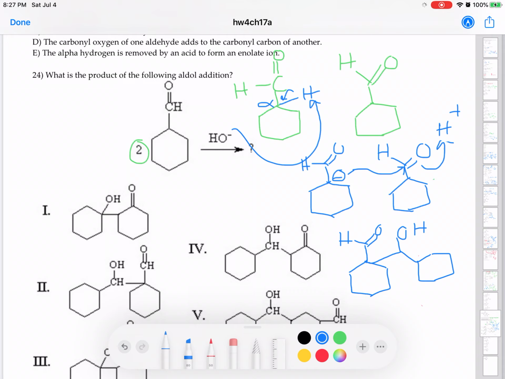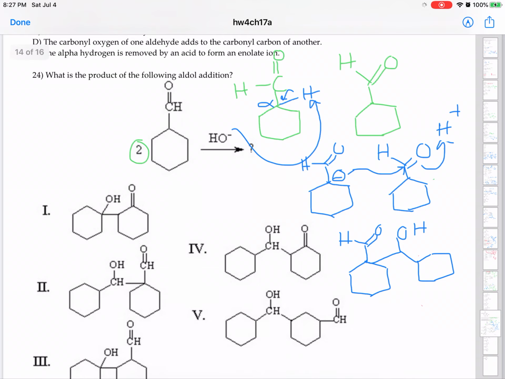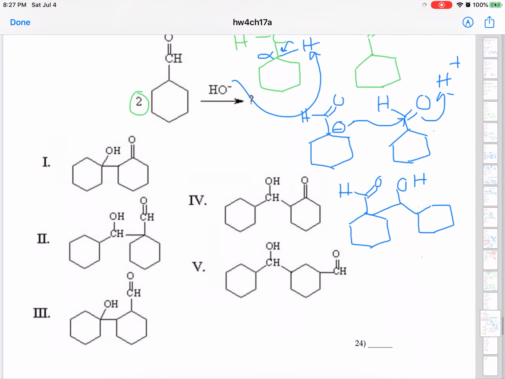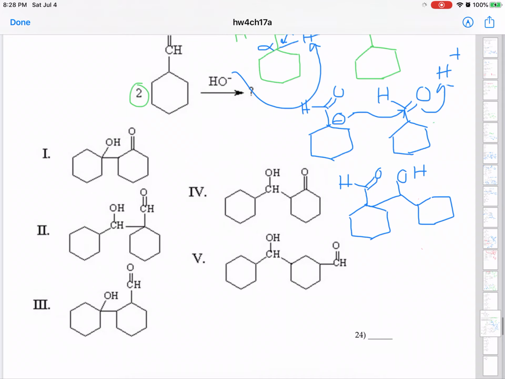Okay, so you have, and then find out which one is the correct one. So which one looks like the correct structure? CHOH.